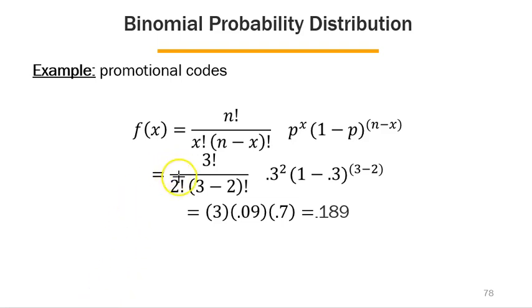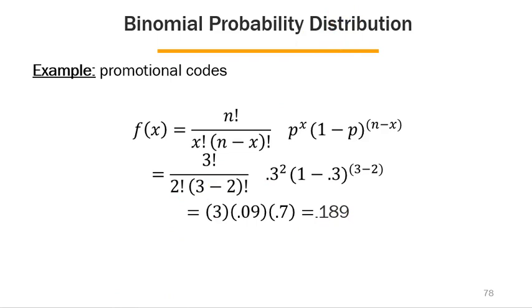So all of these values in here, the 2, the 3, again 3 and 2, all of these values come from the problem, right? So the 0.3 here, that was our P. We're just plugging them in. If we crank through this, and you can pause this to check your answer or write it down and check later, but you should get out 0.189.